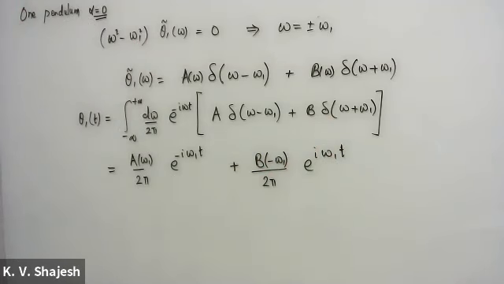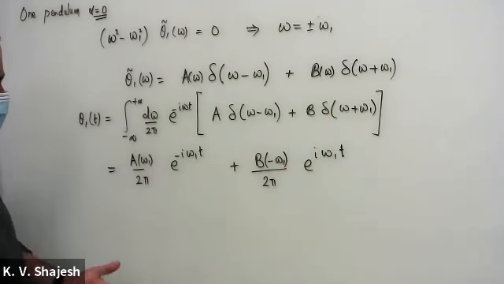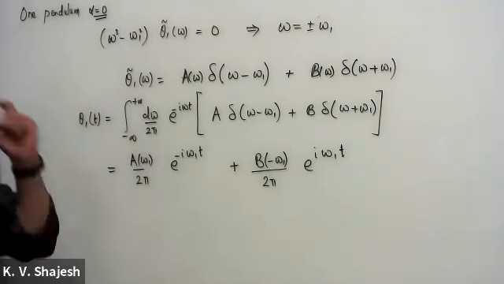Those are just constants. Whatever this is, this depends on omega 1. That's just a constant. So I can call that A or B.